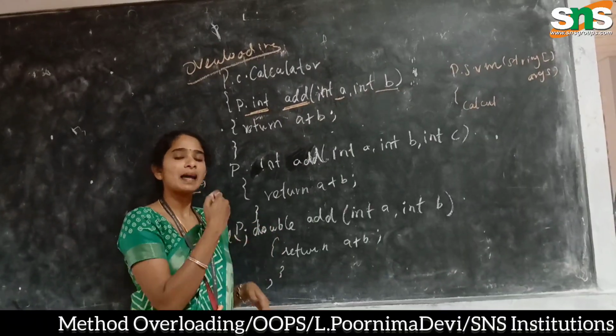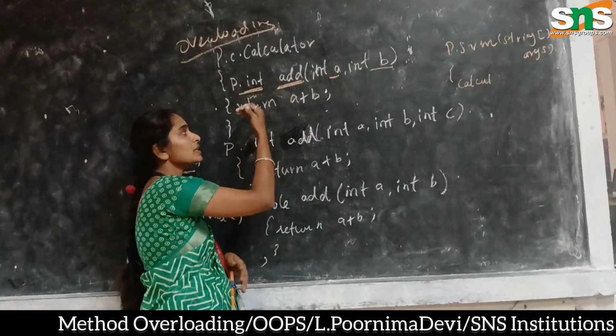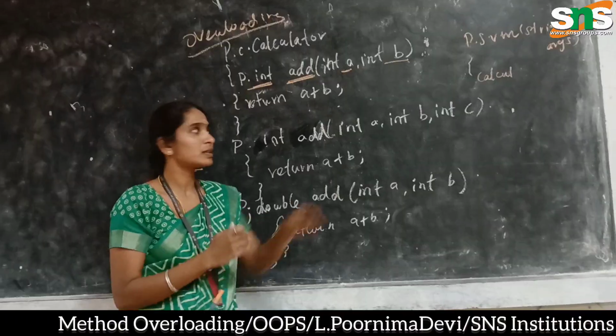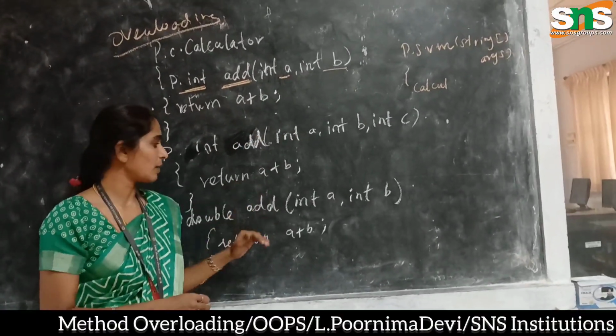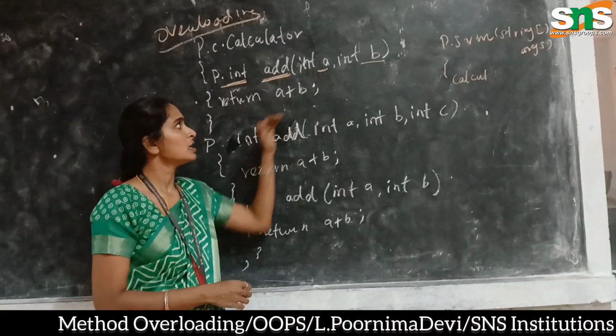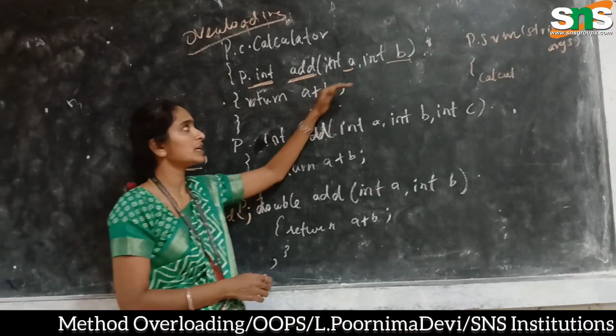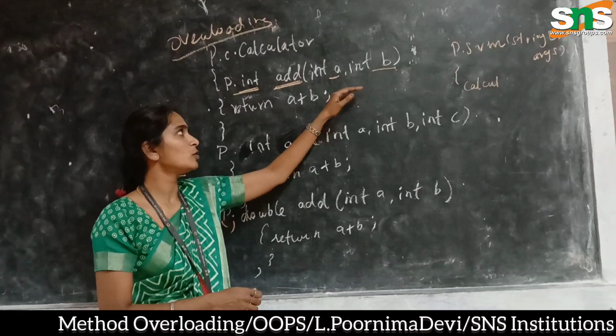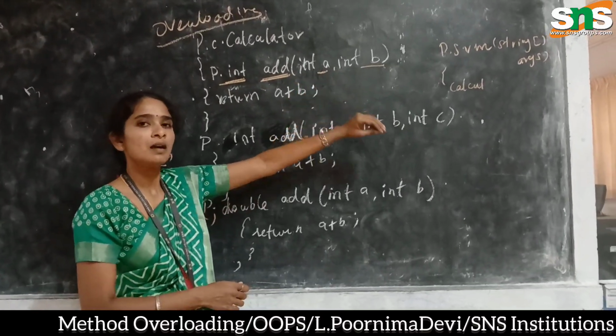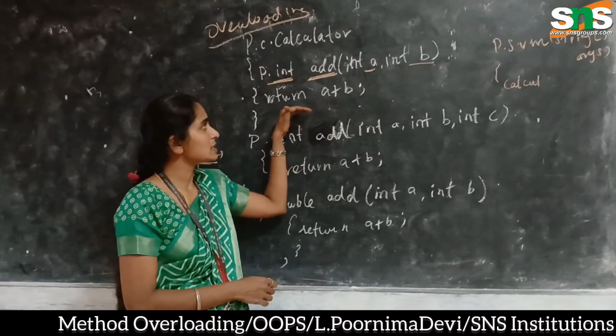So this is my method. In this method, the input value will be given at execution, that is, in my main function. The definition returns a plus b. This is the value I pass when I create the object.